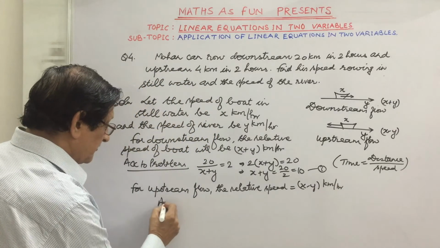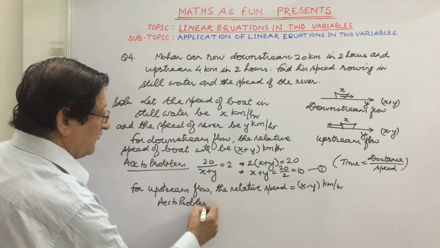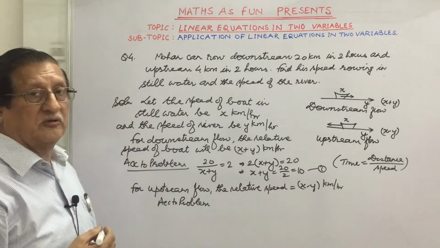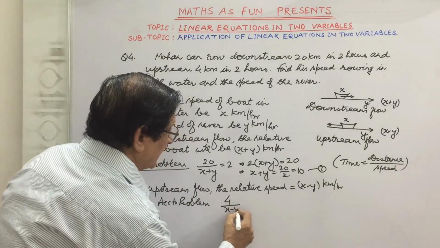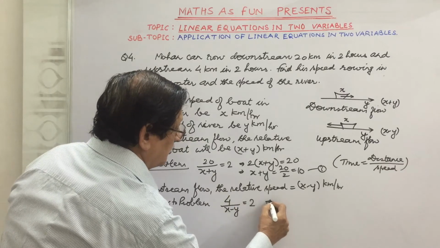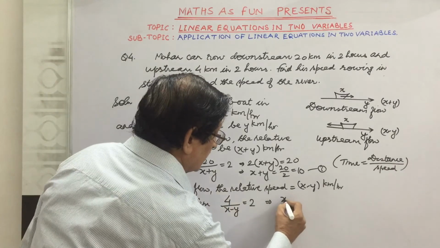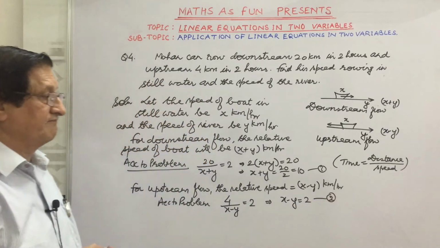And then according to the problem, the time is 2 hours, but the distance is 4 kilometers. It means this will be 4 upon x minus y equal to 2. And when we simplify, we get x minus y equal to 2. This becomes your second equation.